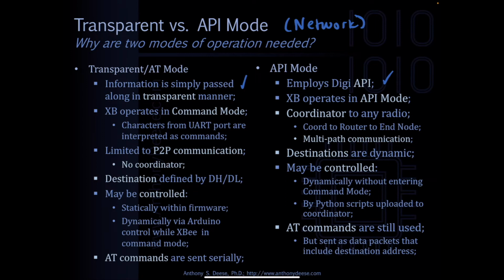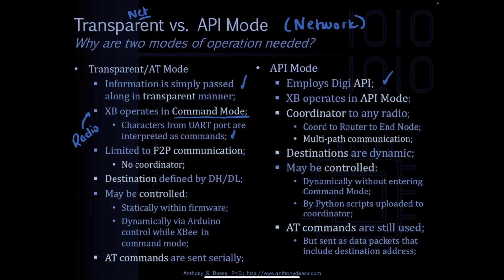When we're in transparent or AT mode, the radio operates in what's called command mode. So remember, there's the network mode and there's the radio mode, not to get confused here. When the network is in AT mode, the radio operates in command mode. If you remember, we talked about the subject of command mode when we discussed the Hayes command set. Now in command mode, characters from the UART port are interpreted as commands.